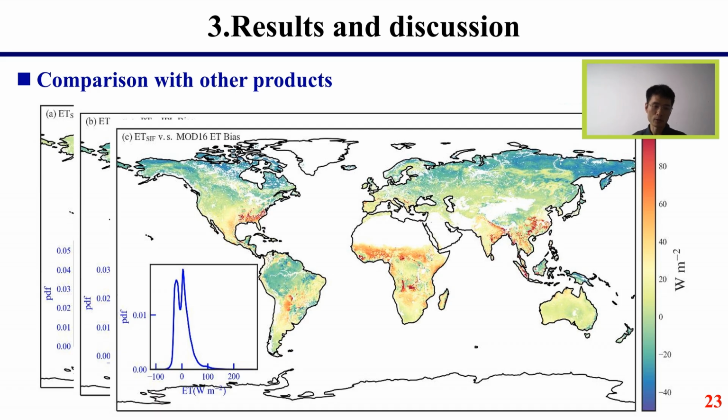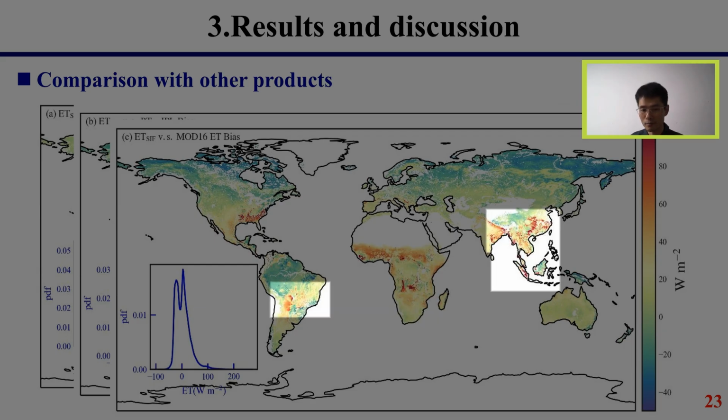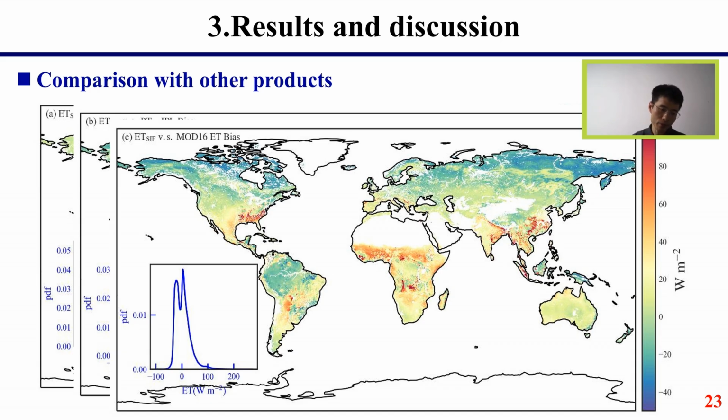The difference between ours and MODIS 16 is very huge. We can see the difference over almost the whole of Africa, and also other regions of the tropical area. Regarding the PDF, the difference is also very high. It also has two peaks. The difference is very clear. It's very large.